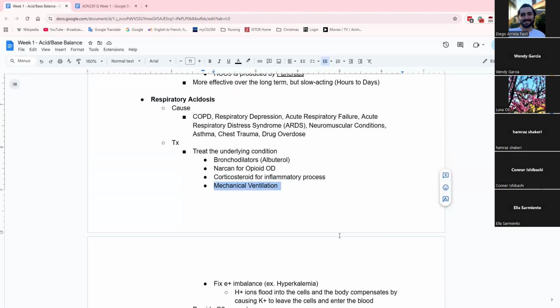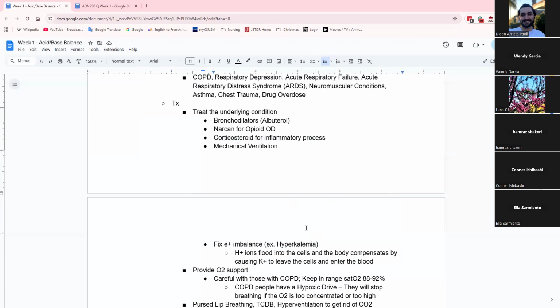Another way that this can be treated is also just treating the consequences. One of the things that can be a consequence of acidosis in general is hyperkalemia, so high amounts of potassium in the blood. And this is the patho reason.